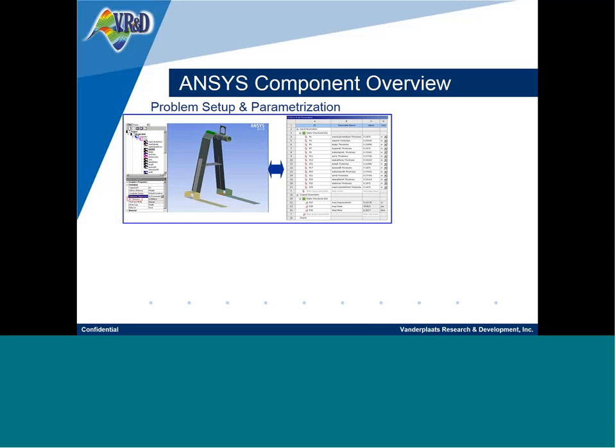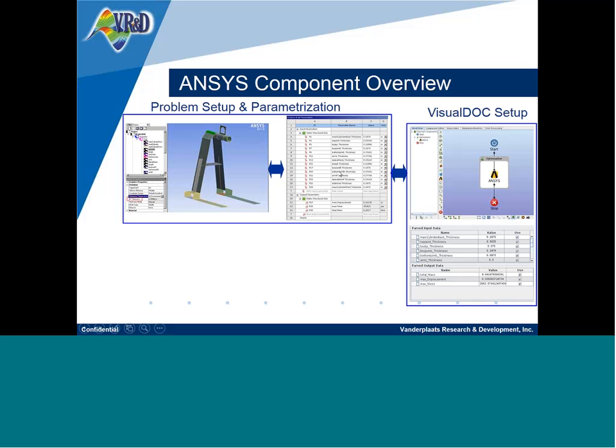To perform optimization in VisualDOC using the ANSYS component, you first need to parameterize your model in ANSYS Workbench. After you parameterize, all the parameters will be shown in the parameter list table in Workbench, as shown in this picture. Then you set up VisualDOC, and all the parameters or data in this parameter list table will be extracted into two tables in the VisualDOC ANSYS component.